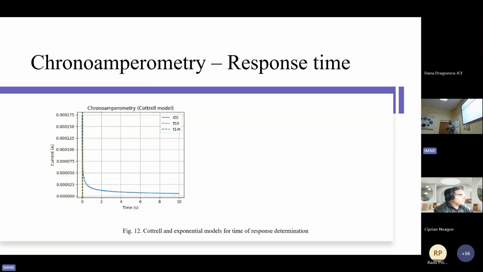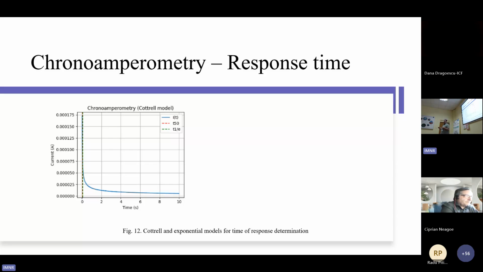Next, I simulated the response time for the detector. First of all, I used the classical Cottrell model from chronoamperometry data. As you can see, the response time went straight to 0 because in this model the current decreases in time, which may be true for absorption models, but as I demonstrated earlier, we have a diffusion control mechanism.